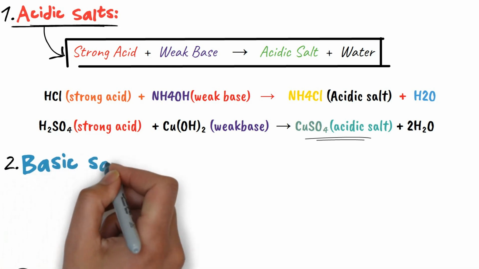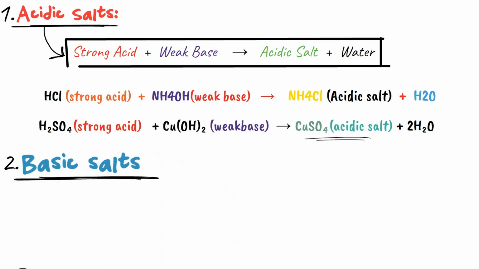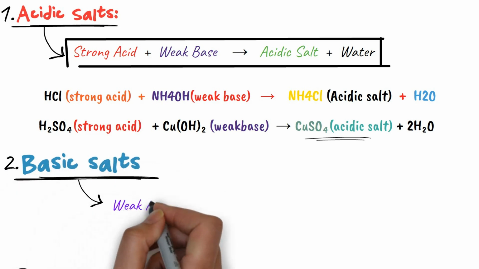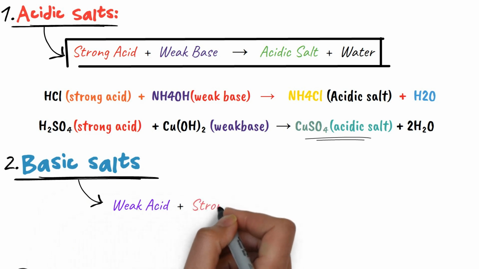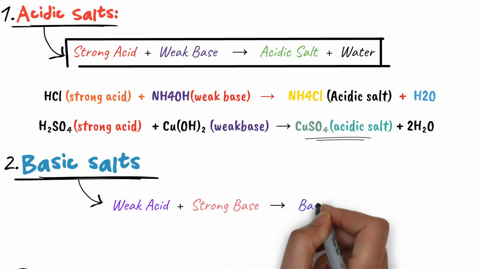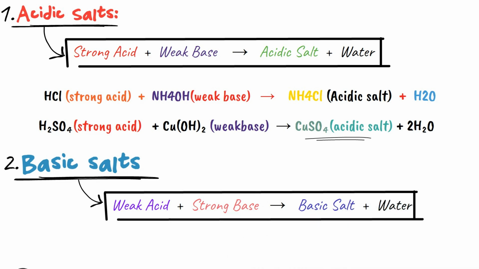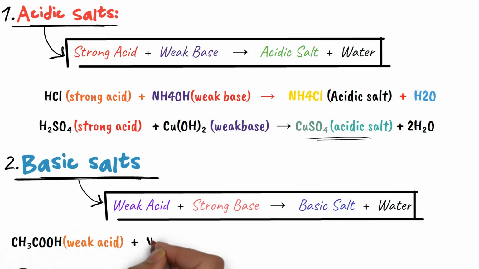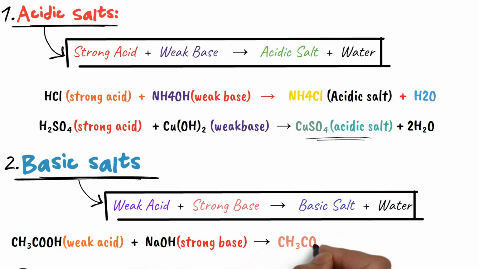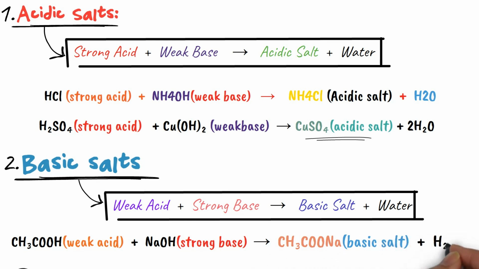Now, basic salts. When a weak acid reacts with a strong base, the salt formed is basic. For example, acetic acid, a weak acid, reacting with sodium hydroxide, a strong base, forms sodium acetate, which is a basic salt.